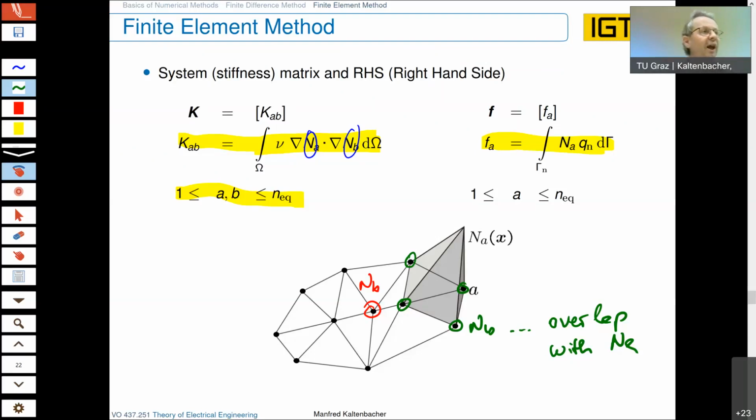If you exchange NA with NB, you get out the same. So you have a symmetric system matrix. That also means you will just store the diagonal and, let's say, the upper entries different from 0 of the whole sparse matrix. That is very important, that we have a symmetric system matrix.